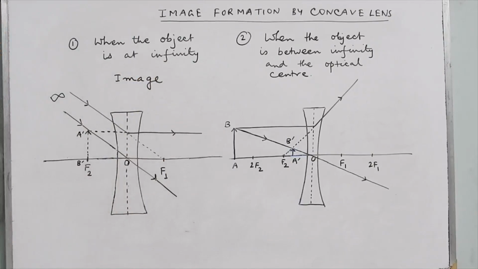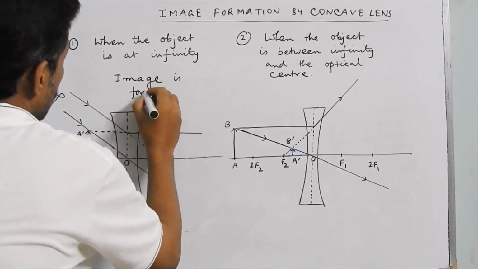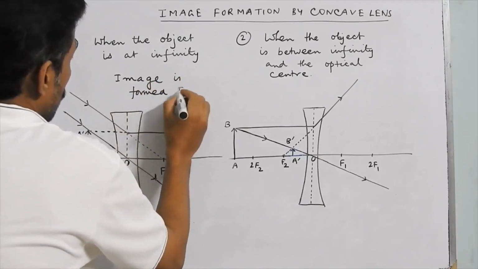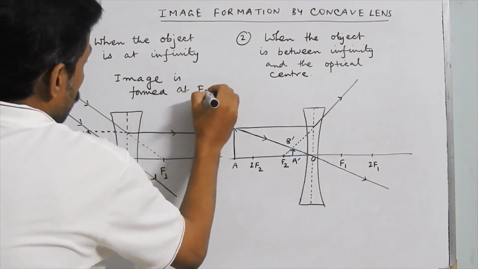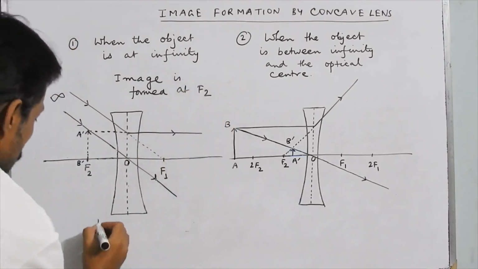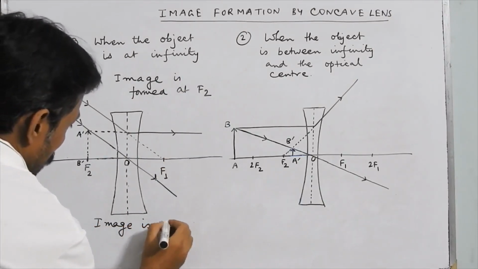A concave lens always forms a diminished image, because the image is on the same side as the object, it is virtual. The image is formed at the second principal focus, that is f2. The image is obviously virtual.